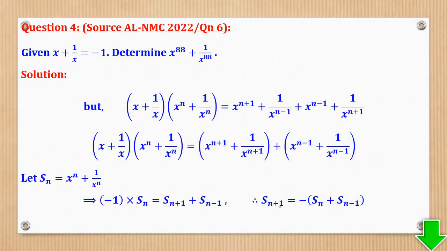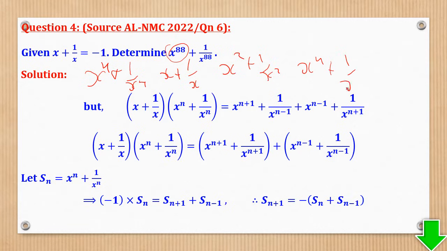What we want to do is find out the pattern because this power is too much. I think you remember in the previous assignment, they had given us x power 4 plus 1 over x power 4, and we did it in bits, step by step. We first got to x plus 1 over x, then we went to x squared plus 1 over x squared, then we went to x power 4 plus 1 over x power 4.